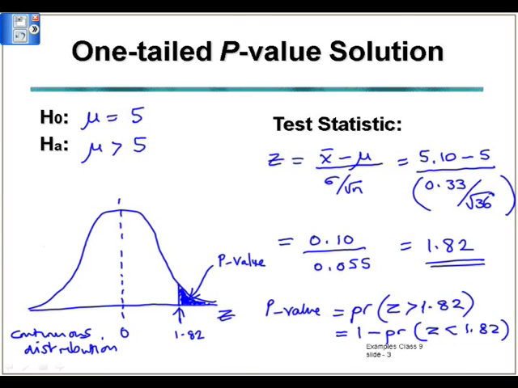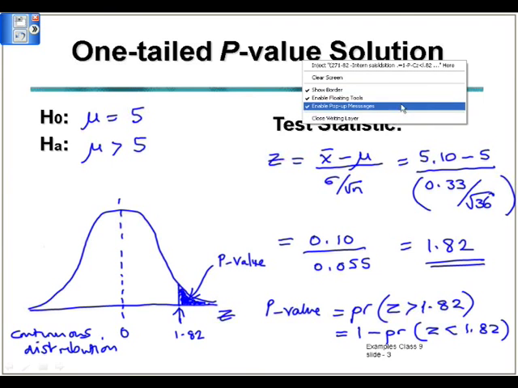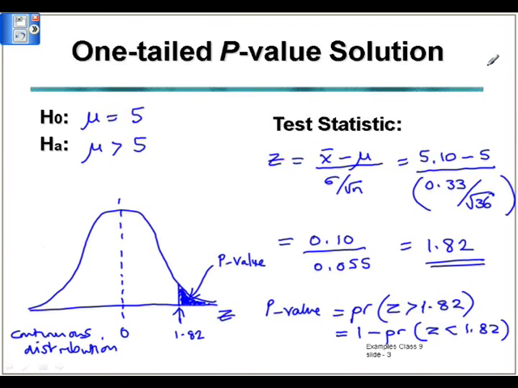And to be able to get the tables, we will just have a quick look at the Z table, which I have in another document here, which I'll show at the end of this slide. So we're considering here the Z table, using the Z table to find the probability that Z is less than 1.82.